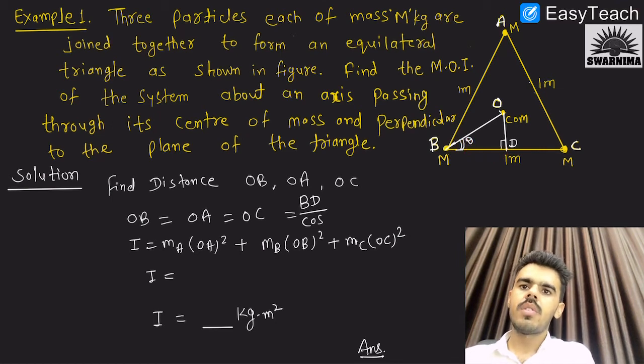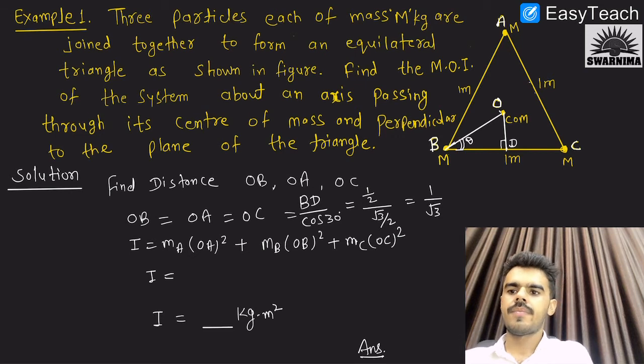So theta is equal to 30 degree. So BD is equal to, as we know, this whole length BC is 1 meter. So BD is 1 by 2 meter. And we know cos 30 is equal to root 3 by 2. So the length OB is equal to 1 by root 3.